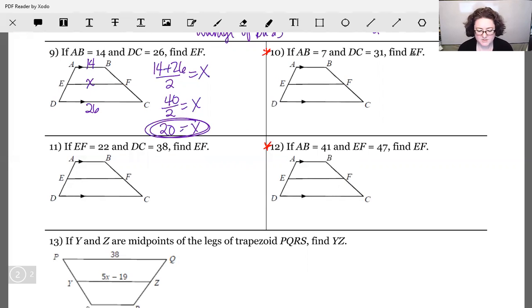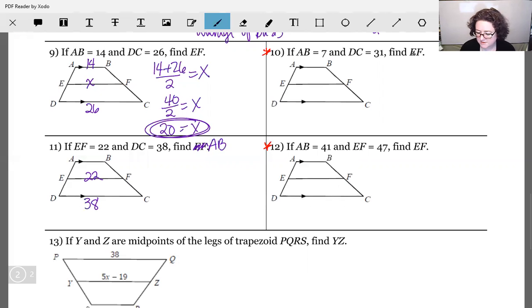Okay, number 11. So number 11 is a little different. They gave us EF on this one. So EF is 22, DC is 38, and actually this has a mismatch. I will fix this on the version that I post online, but this should actually be find AB.